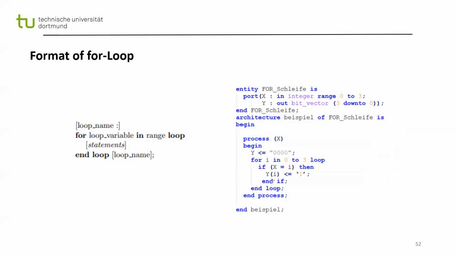We finally end our if statement inside of our loop, and we end the loop, and finally we end the process, which has the sequential statements inside of it. And we end the architecture declaration using the end keyword followed by the architecture name.